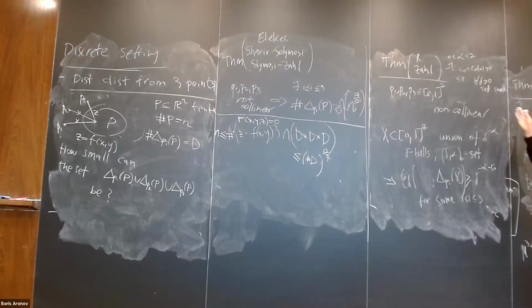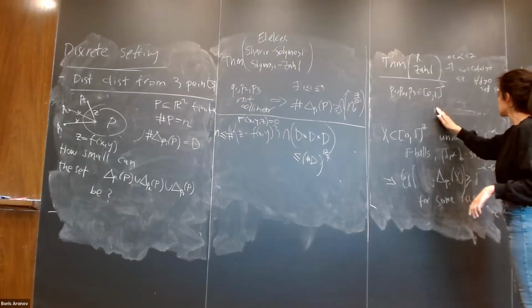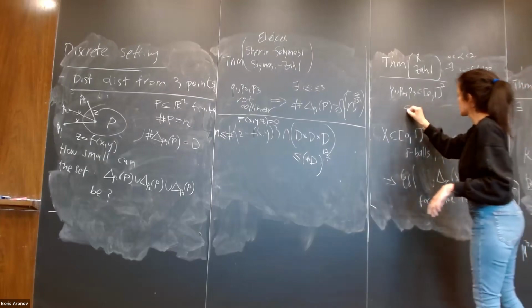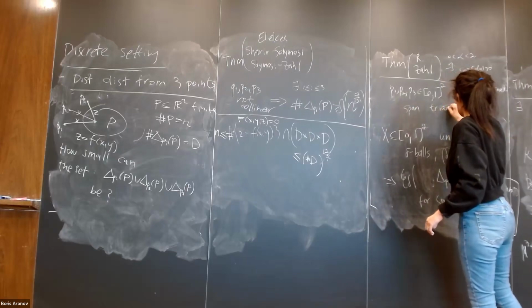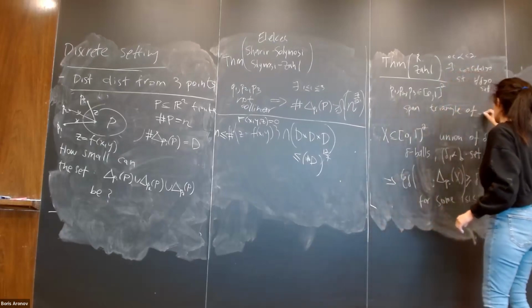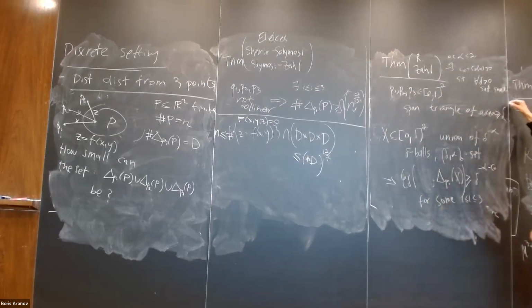We needed a statement which is a little bit more subtle. And what we showed is that if we have 3 points that span a triangle of area delta to the power of C0, then we can still have this conclusion.